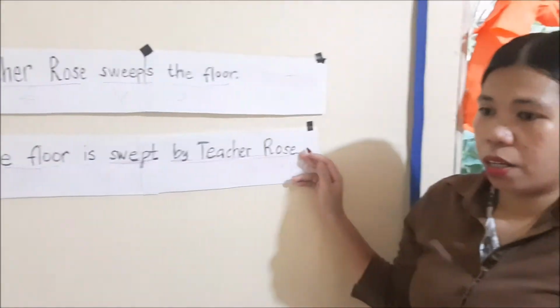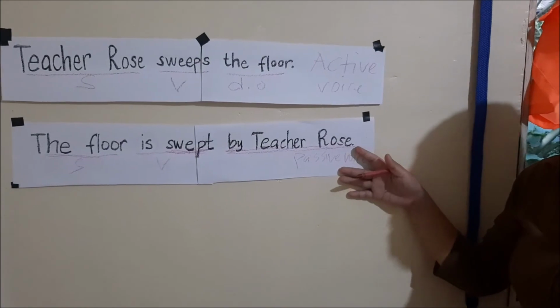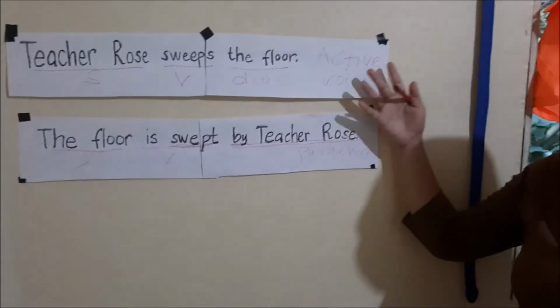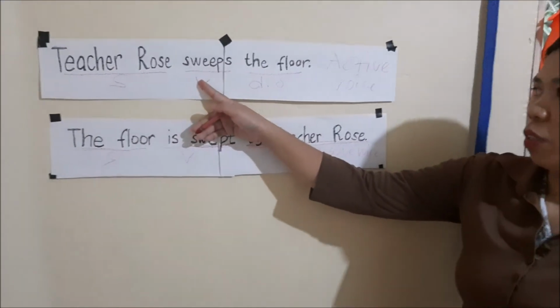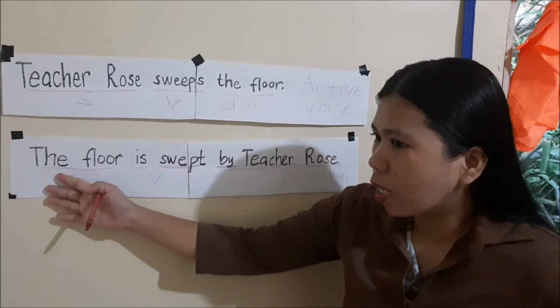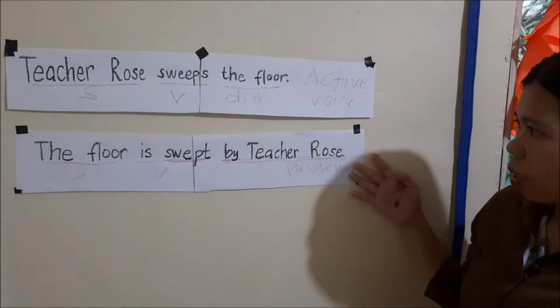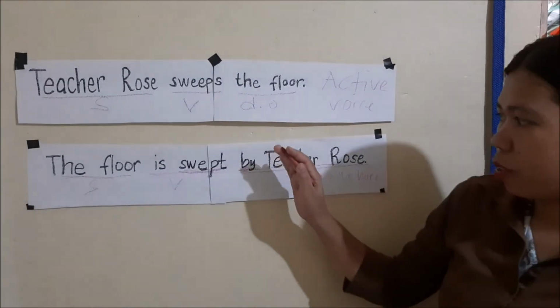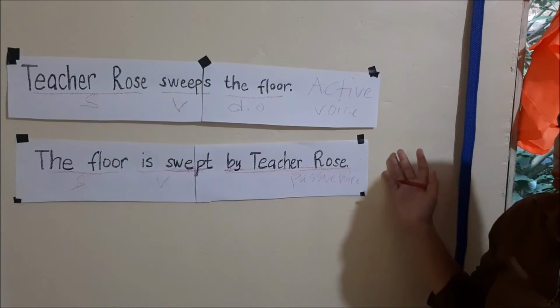You get me? Okay, what is now the difference between the active and the passive voice? In the active voice, the subject is the doer of the action. While in the passive voice, the subject now becomes the receiver of the action.